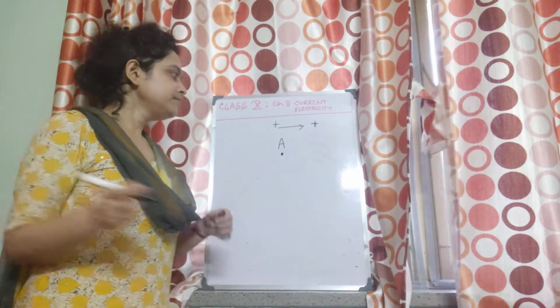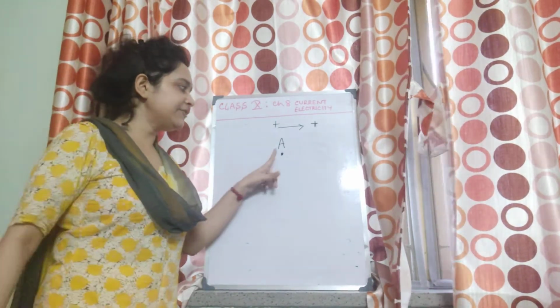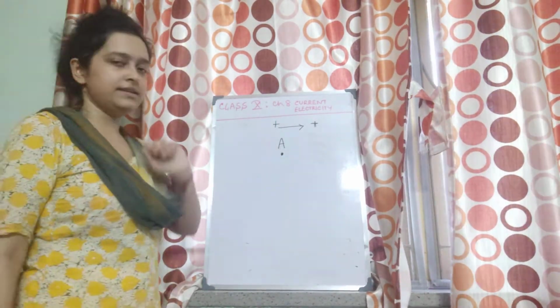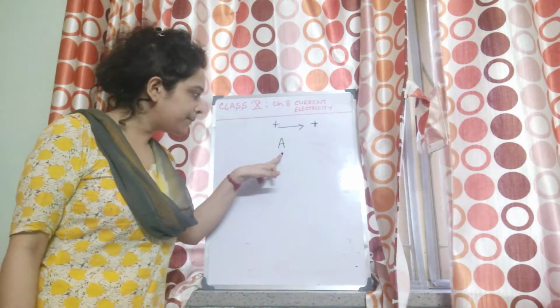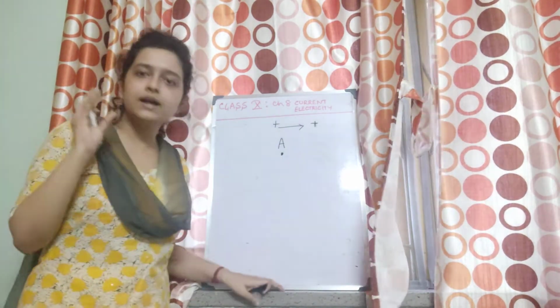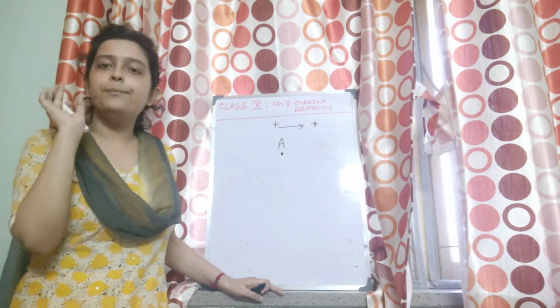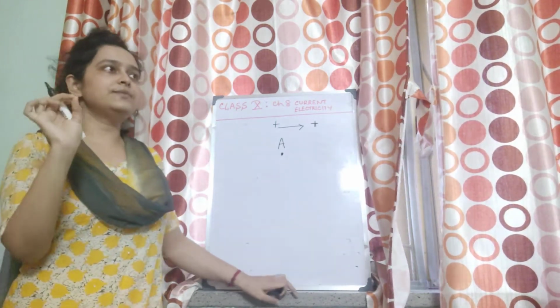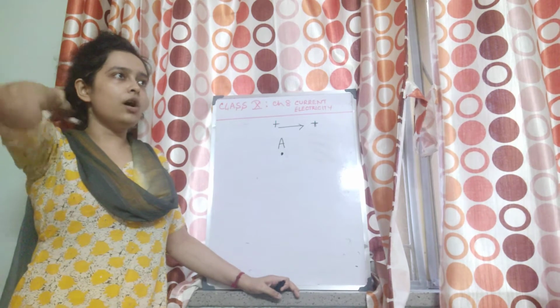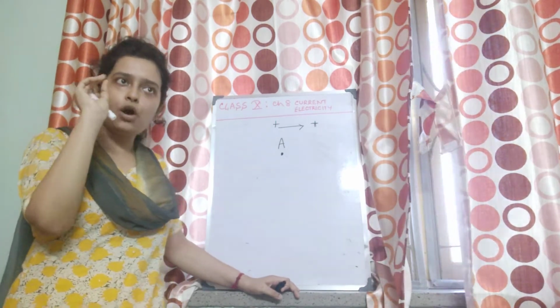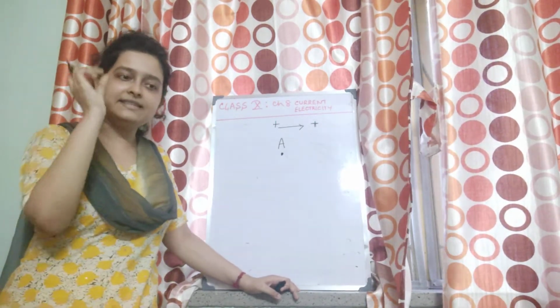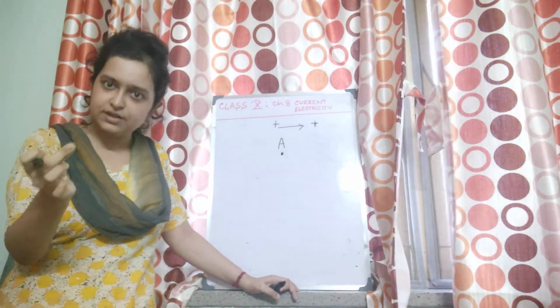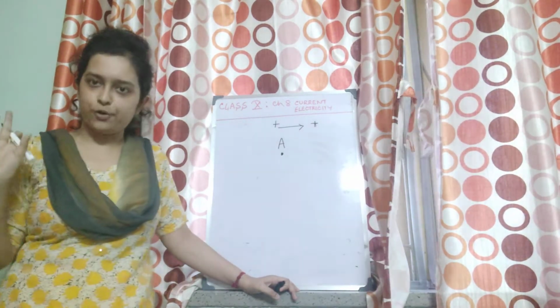Now, how can I define potential at a point? Potential at a point is defined as the work done in bringing a positive test charge. Test charge means we take a small charge of small known quantity and we test with the help of that charge what the potential is at that point.